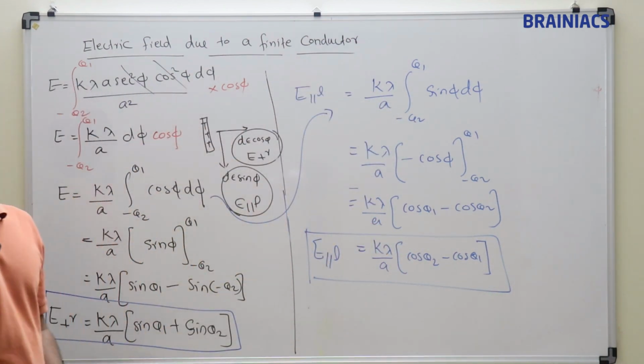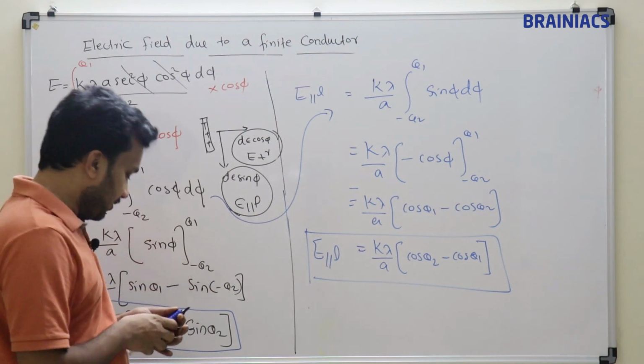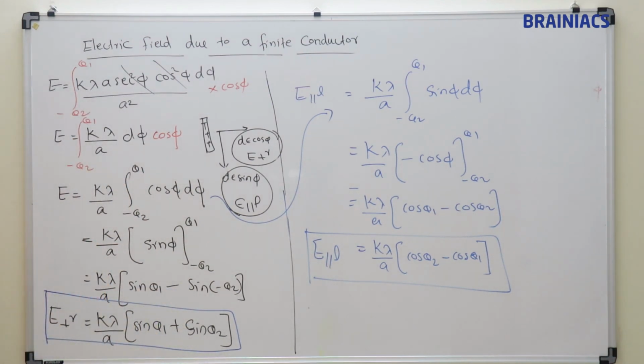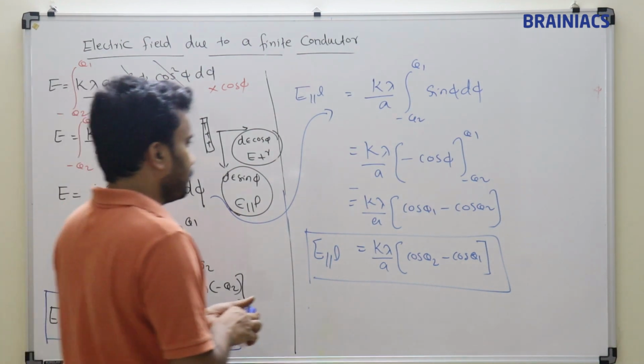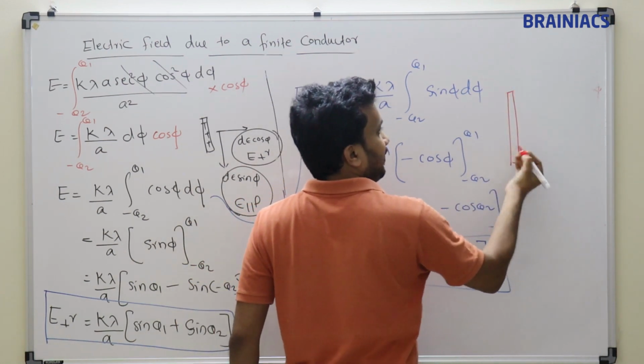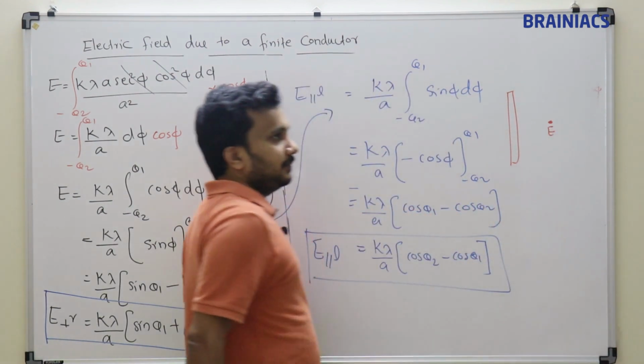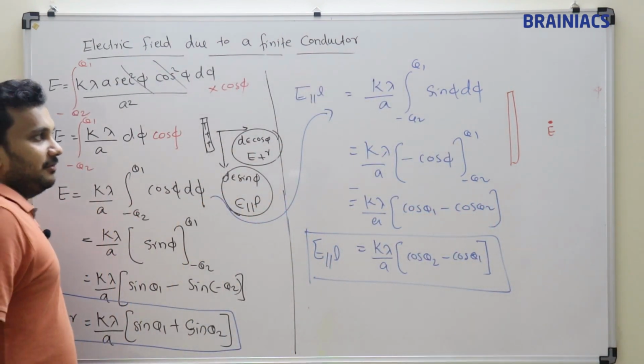From the point of view of NEET or JEE entrance examinations, the questions may be related to the parallel or the perpendicular field, we don't know, so we have to answer depending on the question. In our scenario, this is a current conducting line, and we are going to find the electric field here.